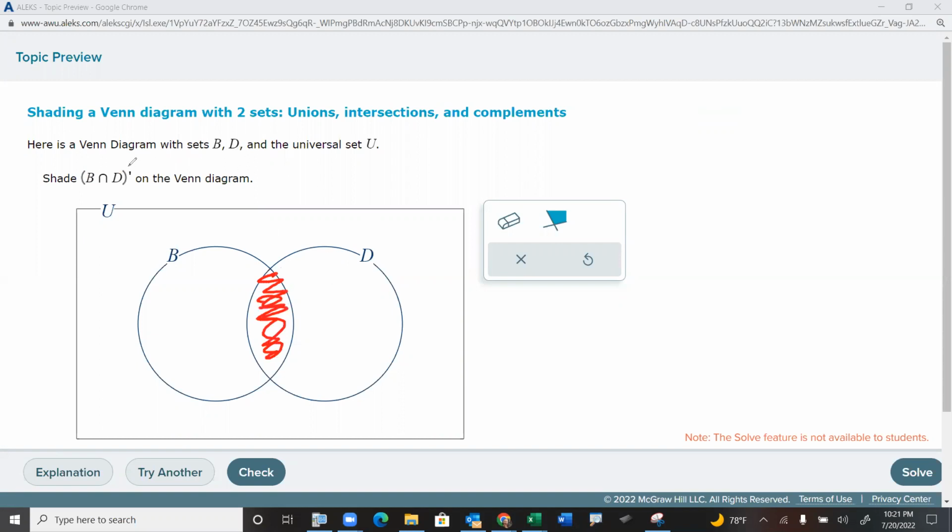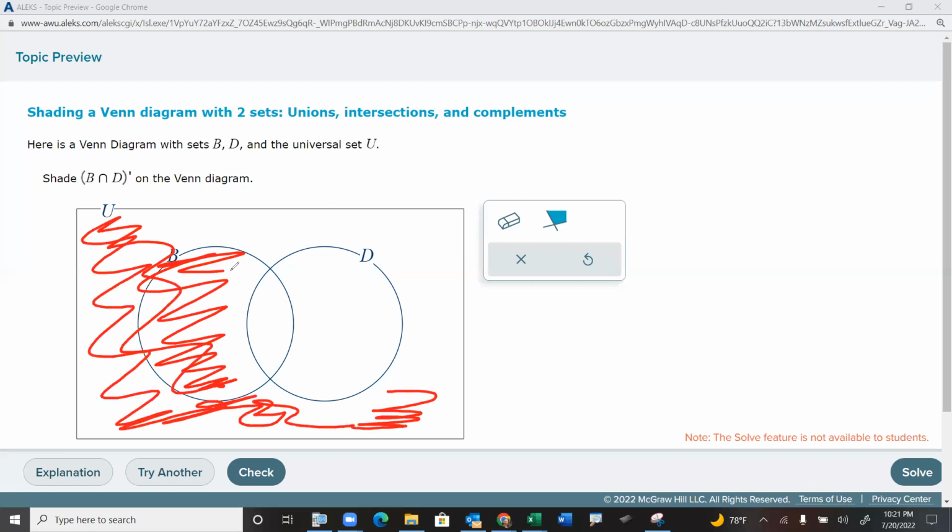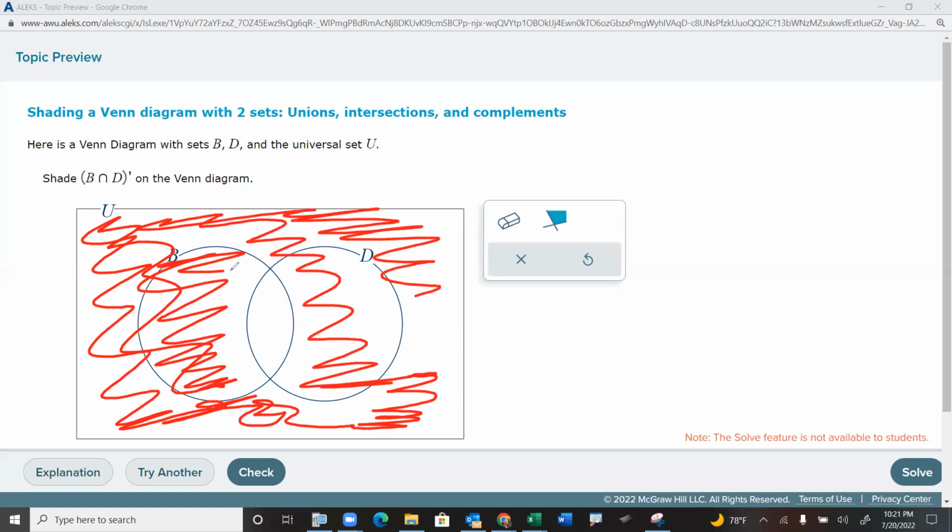But then we want the complement of what we just shaded in, B intersect D. So we want everything that's not that, and you have to include the stuff that's outside the circles too. So everything except that region there.